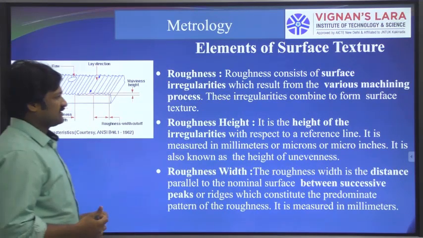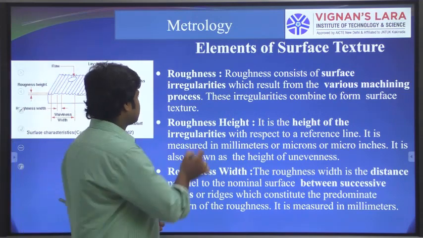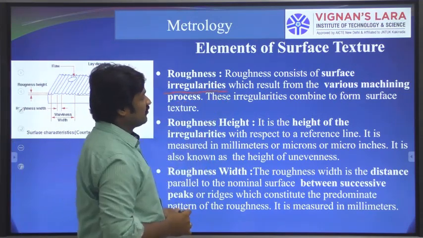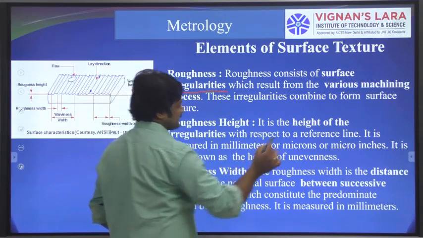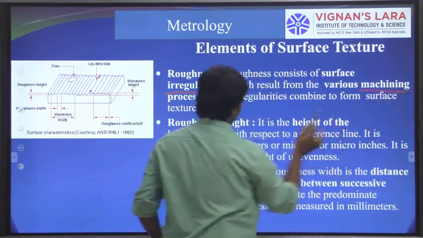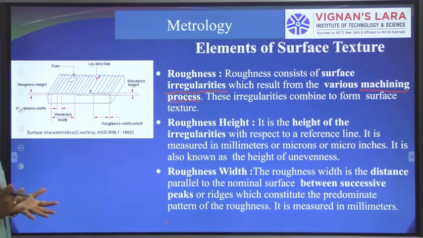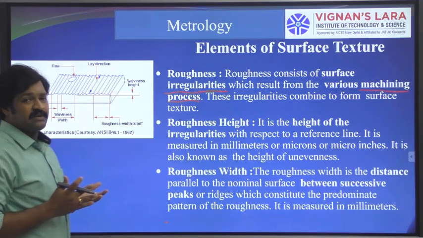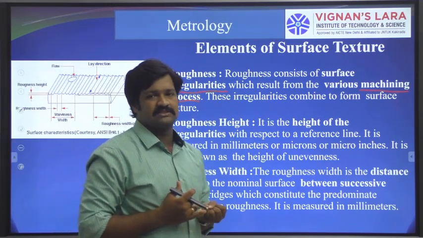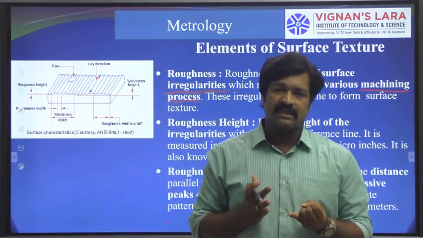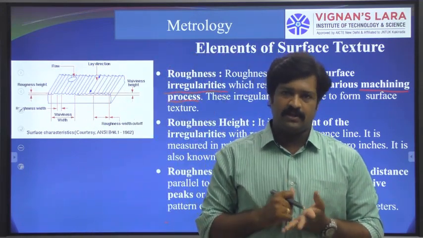Next, roughness. Roughness consists of surface irregularities which result from various machining processes. In the earlier classes we discussed that, depending upon the manufacturing process, various feed marks can be obtained on the surface of the component.